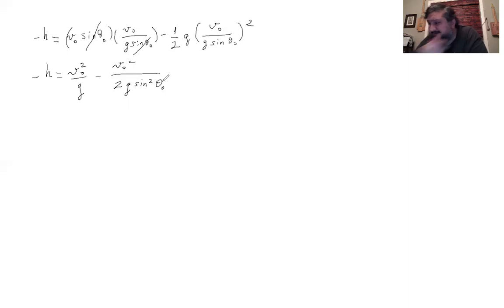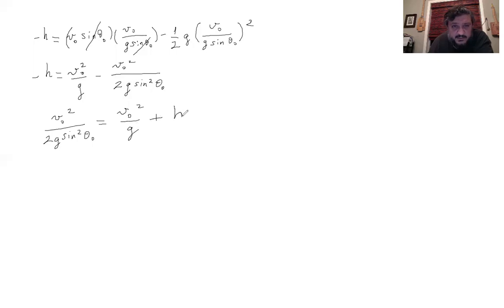Let's leave the second term alone. Let's isolate it. So v naught squared over 2g sine squared theta naught will be equal to v naught squared over g plus h. All right.